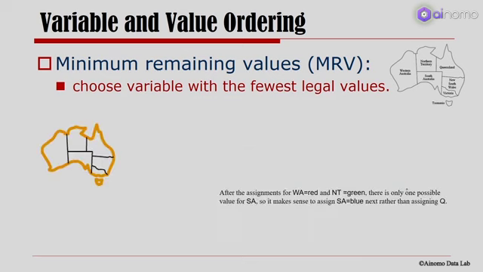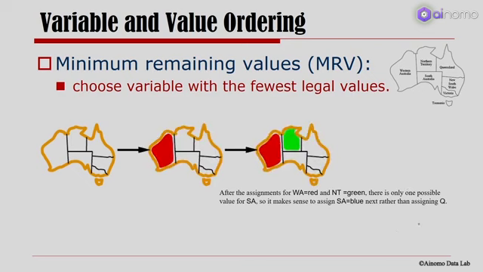Let us say after the assignment of WA to red, we assign NT as green. Now there is only one value possible for SA here, and that's blue.